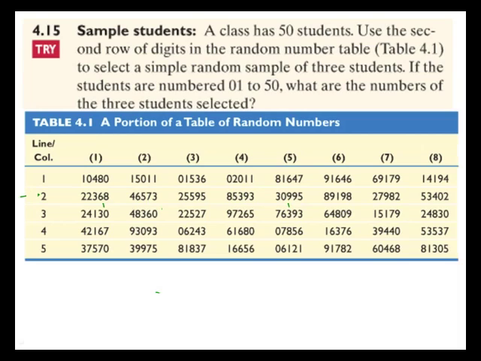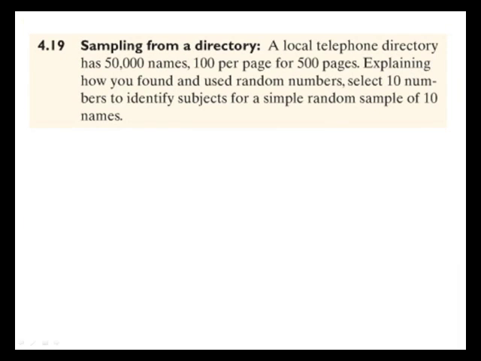Local telephone directory has 50,000 names, 100 per page for 500 pages. Explain how you found and used random numbers. Select 10 numbers to identify the subject for a simple random sample of 10 names.